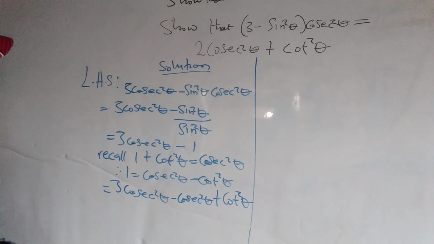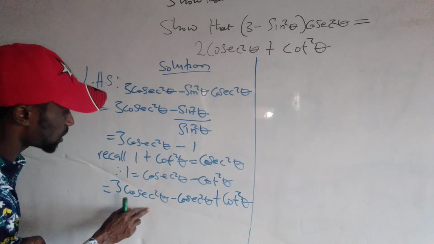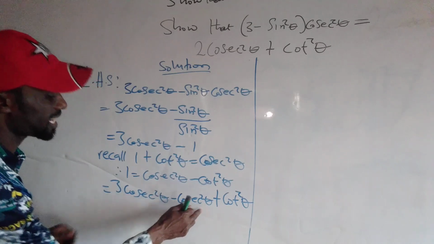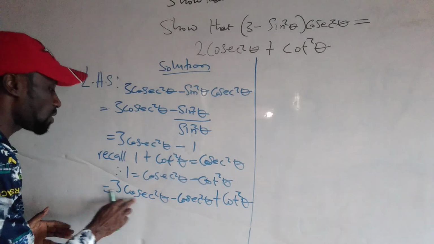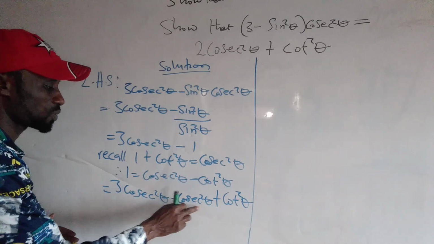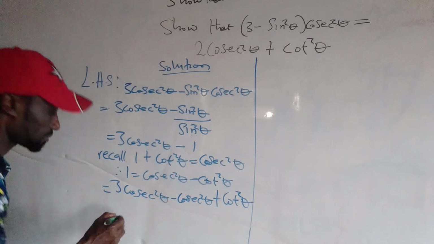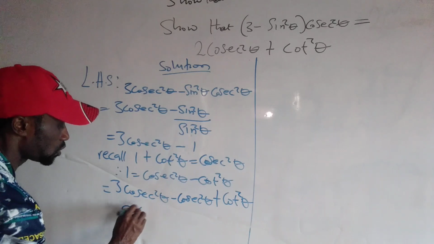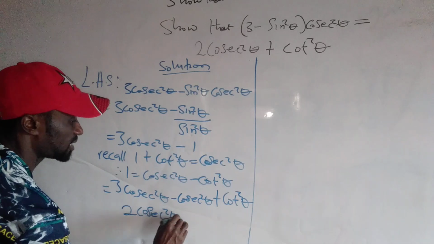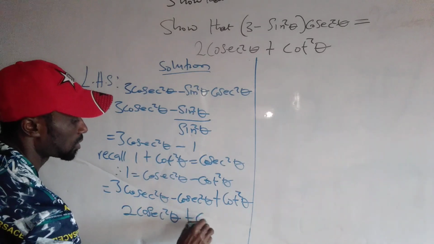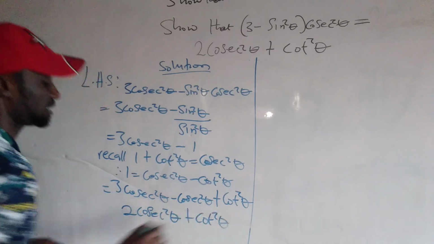So we have gotten to this point. What is the next step? The next step is to look at it. These 3 cosec square theta and cosec square theta are alike. So that means we can easily say 3 cosec square theta minus cosec square theta will give us 2 cosec square theta, then plus cot square theta.